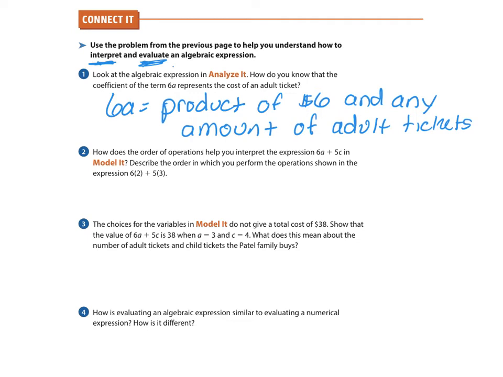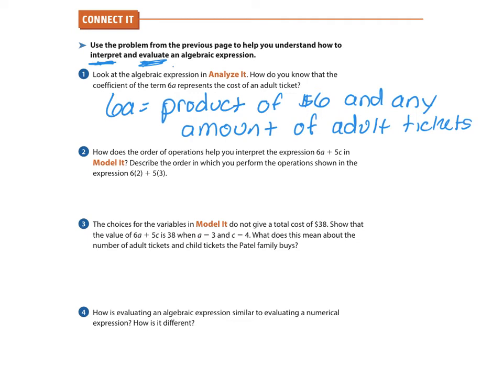How does the order of operations help you interpret the expression 6A plus 5C in the Model It? Describe the order in which you perform the operations shown in the expression 6 times 2, plus 5 times 3.